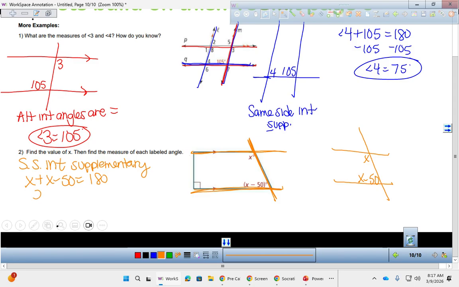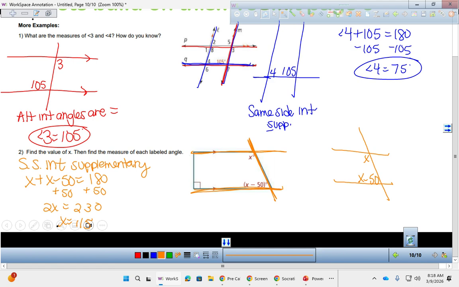And so this makes 2x. So now I've created this equation that I'm going to be able to solve for x. So x equals 115.